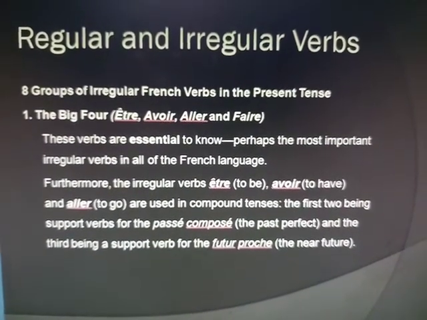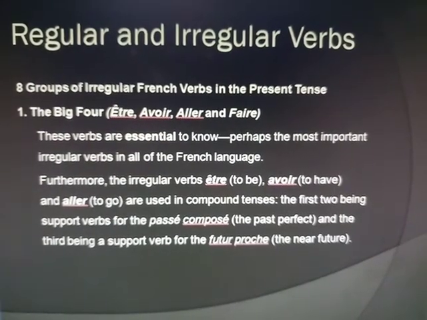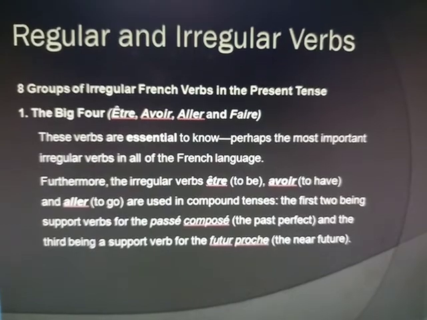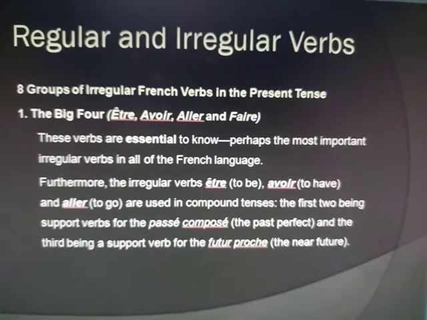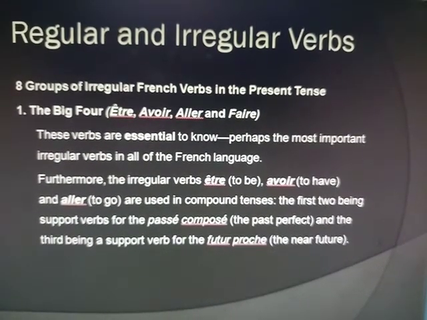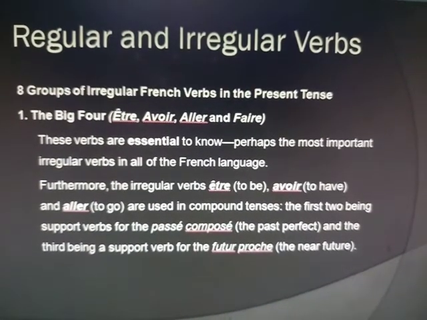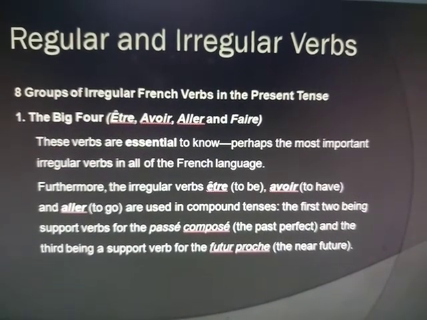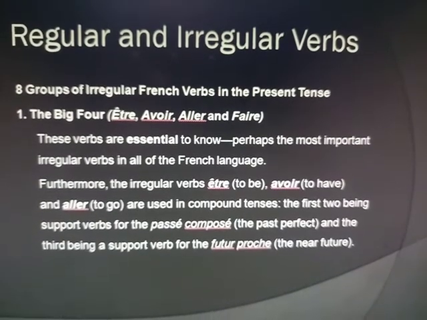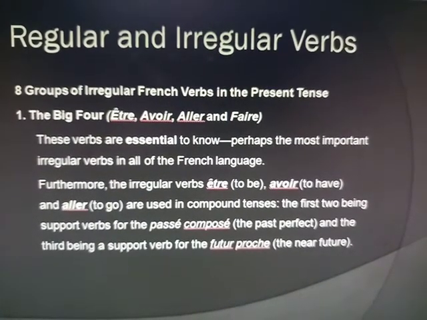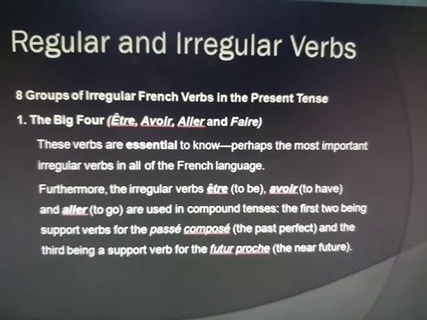First, these 4 verbs, être, avoir, aller and faire, are the most important ones. They are perhaps the most important irregular verbs in all of the French language. Furthermore, the irregular verbs être, avoir and aller are used in compound tenses, that is, tenses where there are 2 verbs.